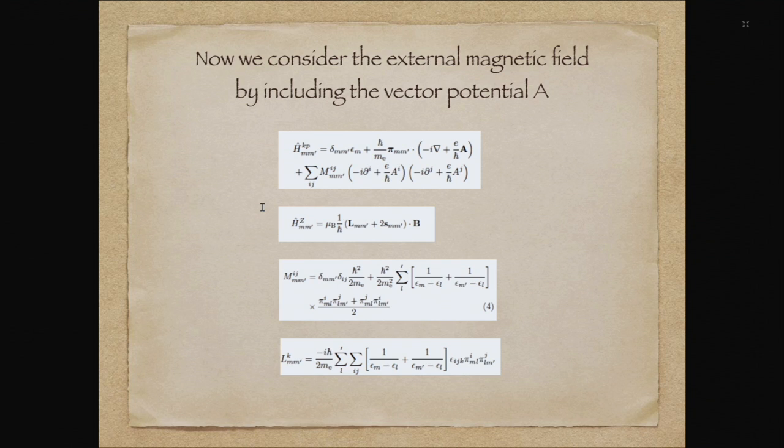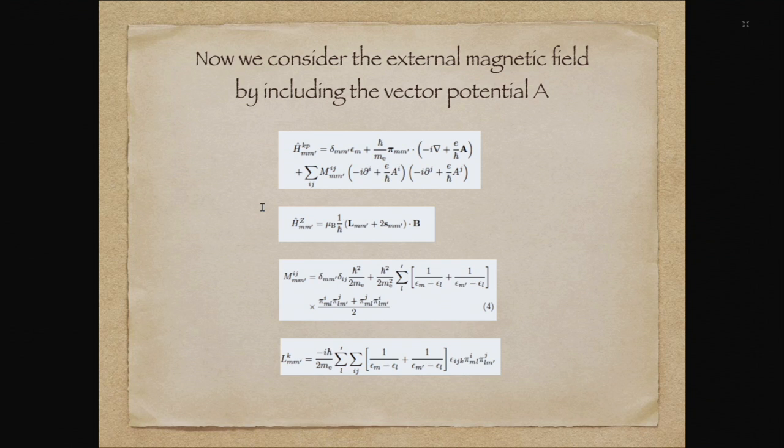In the language of energy bands, M is in the low energy subspace, and L is in the high energy subspace.